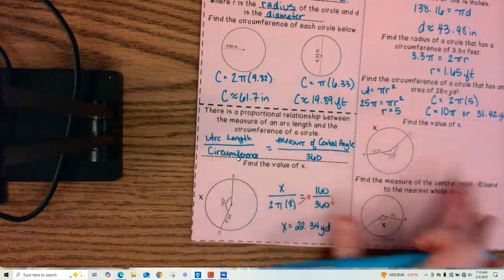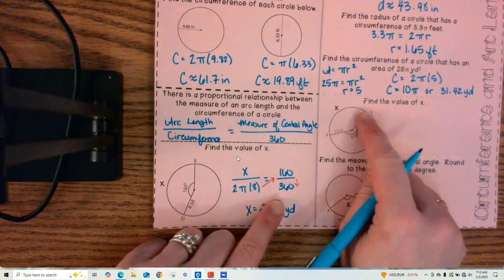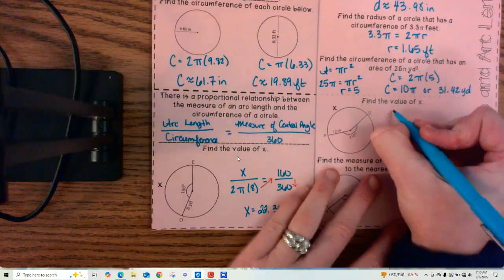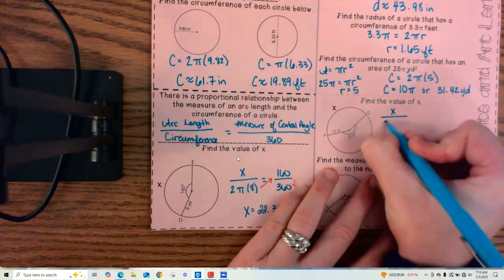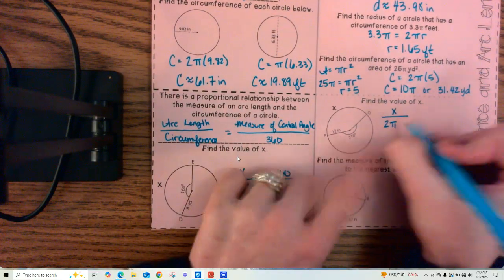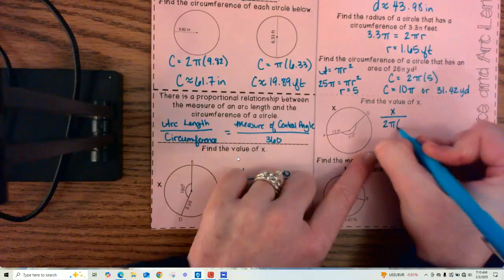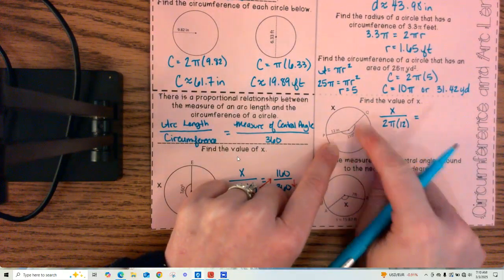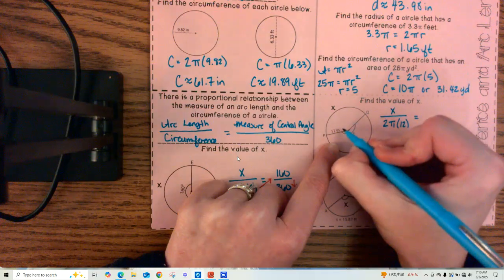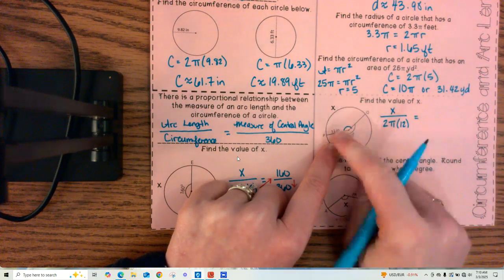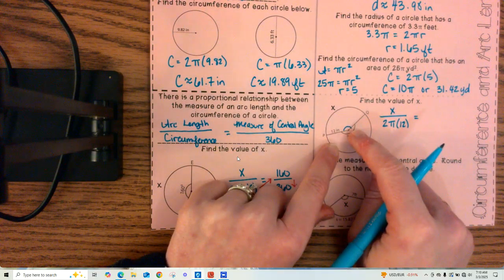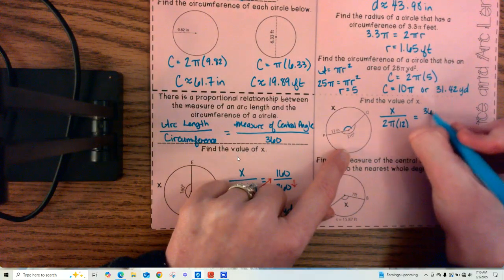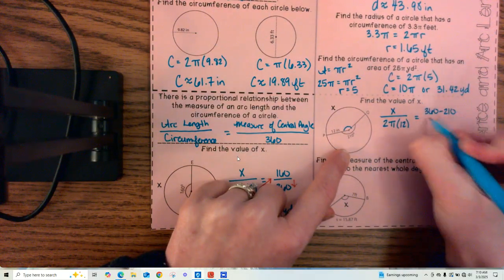Okay. So we're going to find it again. Do the exact same thing one more time. So the arc length over the circumference, 2 times pi, radius is 12, equals, now the measure of the central angle, we need this measurement. If this piece is 210, then this little blue piece that I'm looking for is 360 minus 210.